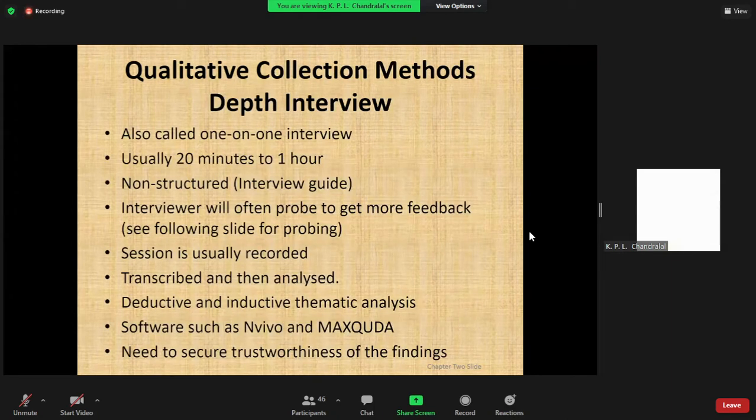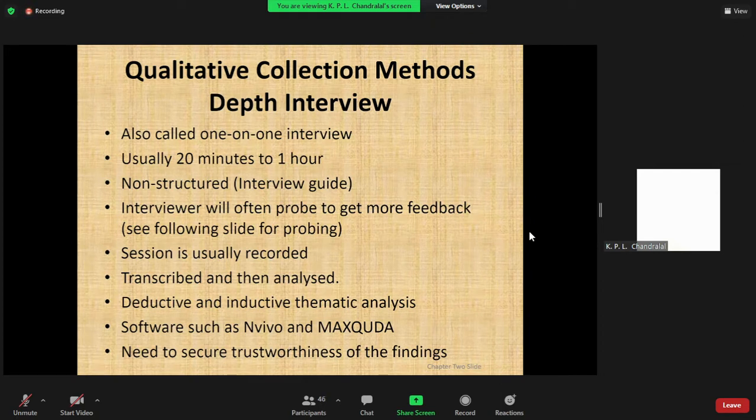In-depth interviews are a very popular qualitative data collection method, where the researcher or the research team can interview the selected sample, maybe 20, 30 people, in an in-depth way. That's why we call them in-depth interviews. They are also called one-on-one interviews.